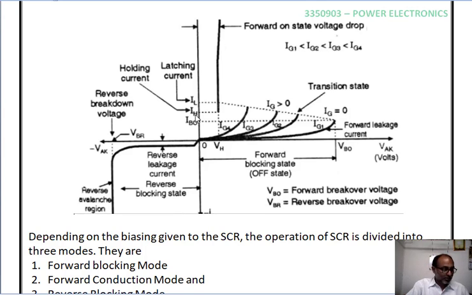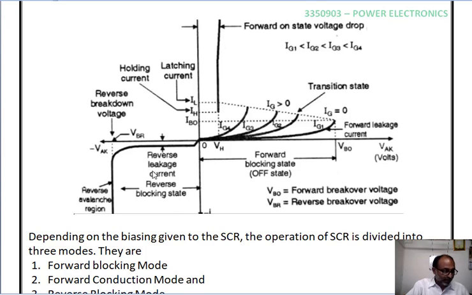Now similarly, the holding current is the minimum value of current which is required to keep the SCR in conduction mode, below which it changes from conduction mode to blocking mode.